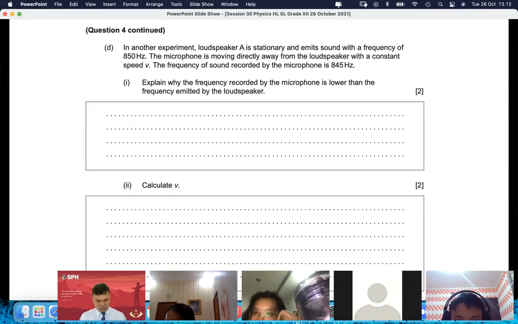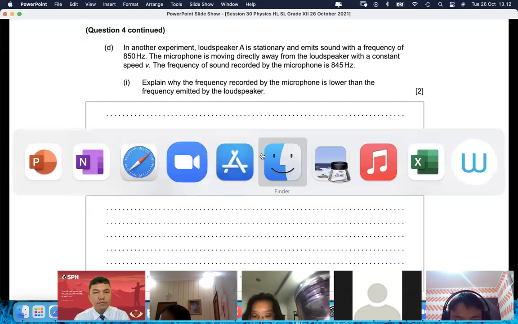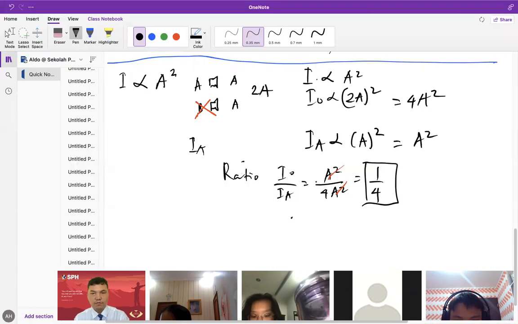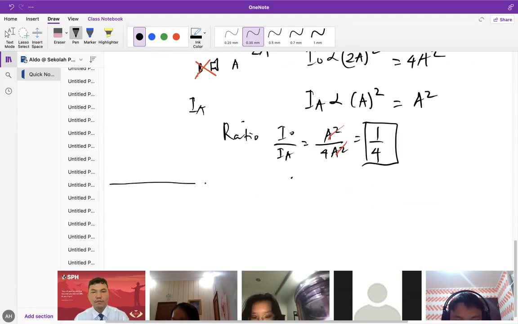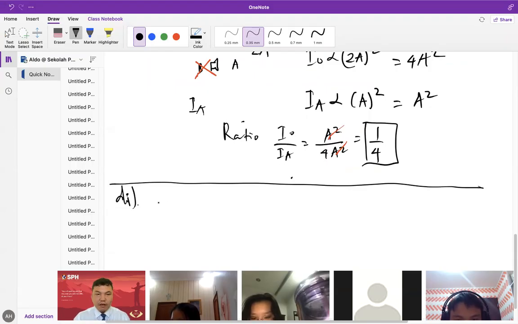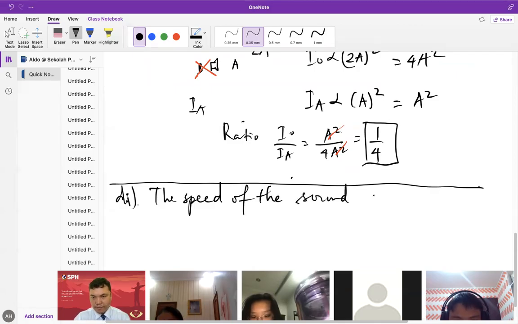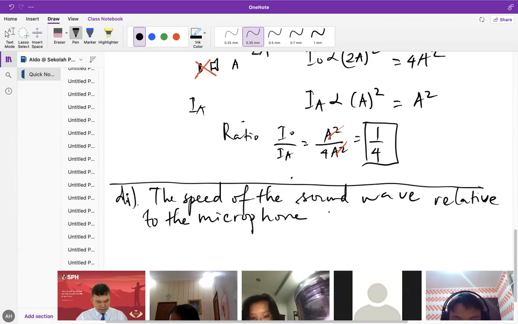So the speed of the sound wave relative to the microphone is lower since lambda is unchanged.